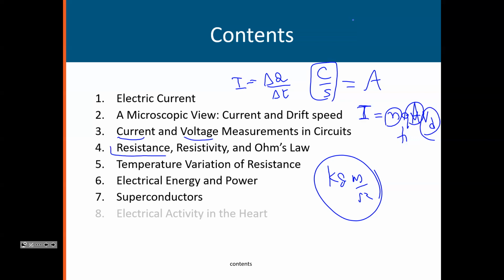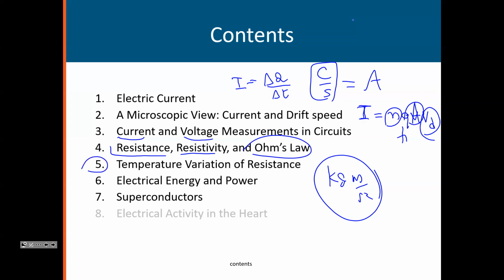Then we looked at measuring current and voltage in an electric circuit. Then we defined resistance and Ohm's law, which relates the current and the voltage. We used the symbol R for resistance, and we also introduced resistivity, which is a constant for a given type of material. In section 5, that is where we stopped.